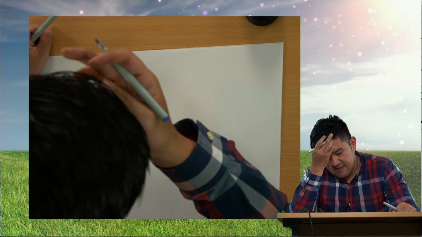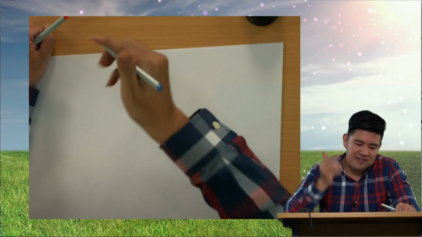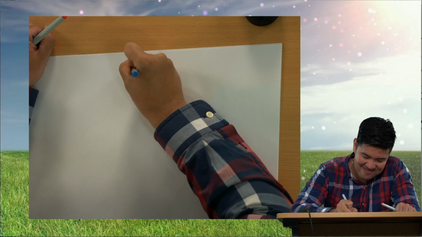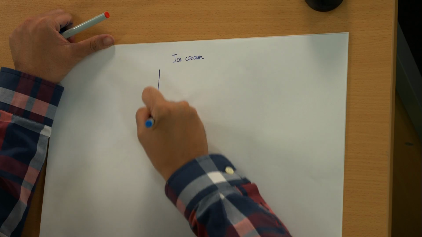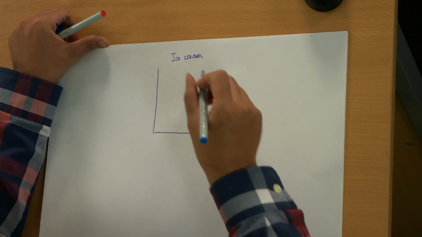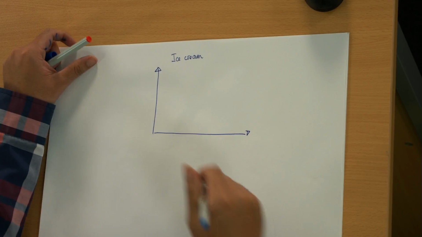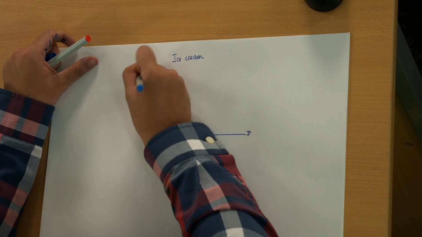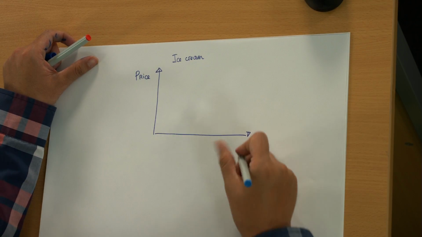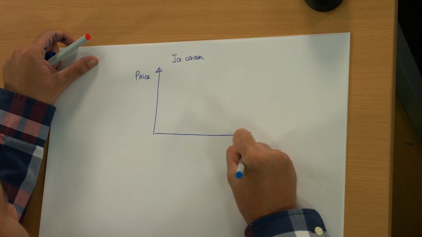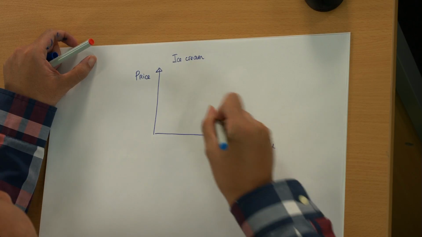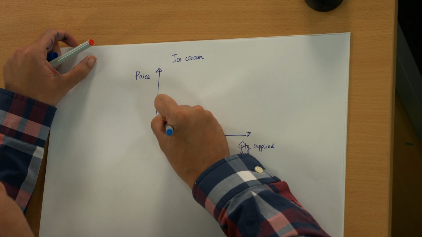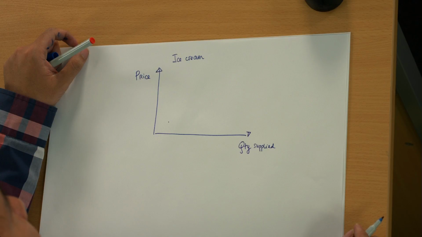Okay, what should we talk about here? Let's go back to ice cream again. Price, quantity, all right? And in this case, we are talking about quantity supplied. Help me out, guys. Supply curve, is that downward sloping or upward sloping?